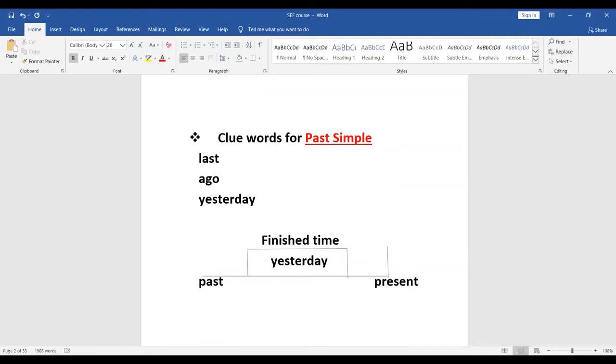Between the past and the present, the action is already completed, which means it does not come to the present. That is past simple. An action that is already completed in the past and you are talking about it, that is simple past. It does not come to the present. The action is not happening right now in the present.